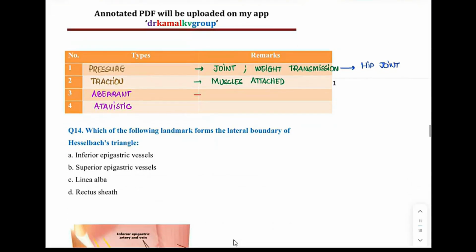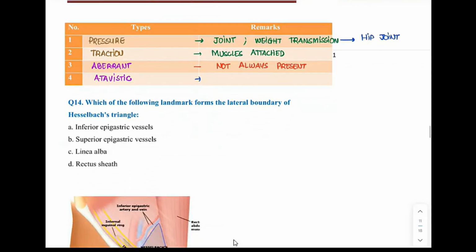Then aberrant, which is not always present. And atavistic is, originally it was an independent bone, but later on it joins some nearby structure or bone, like the coracoid process, which becomes a part of the scapula.